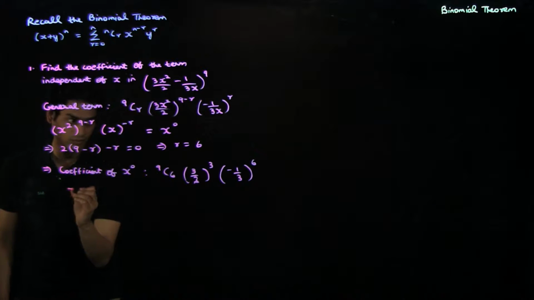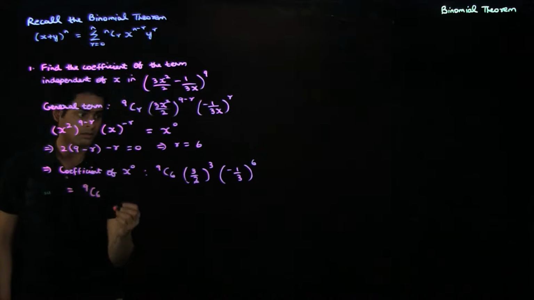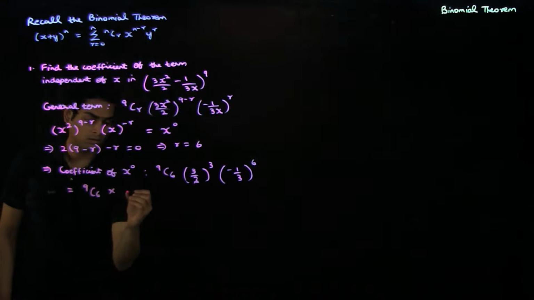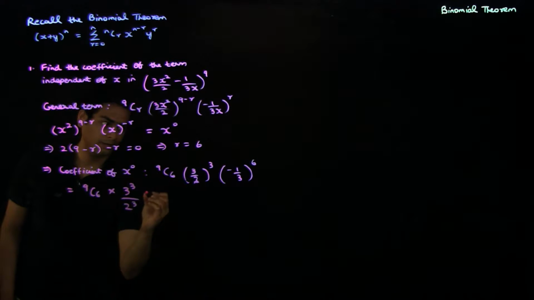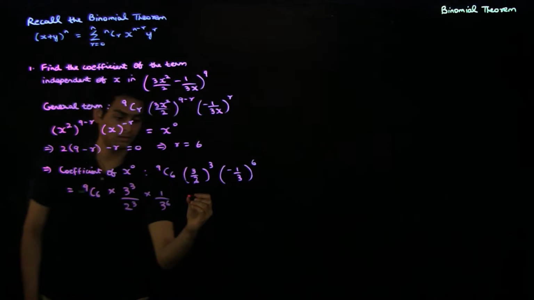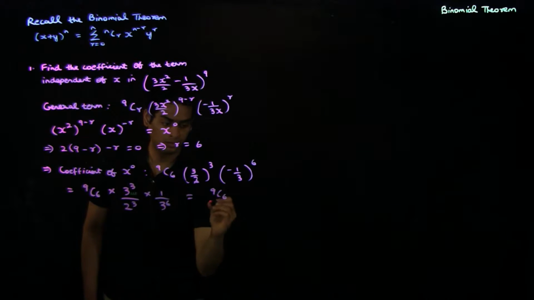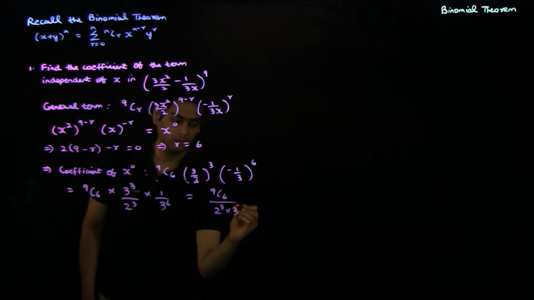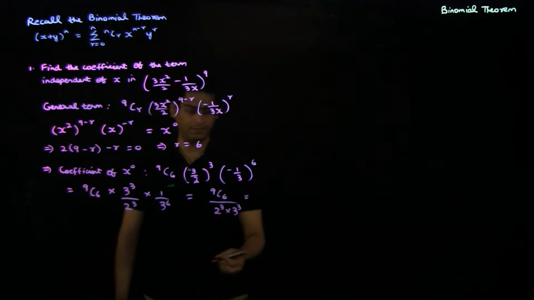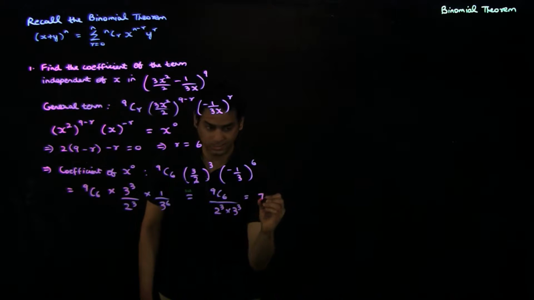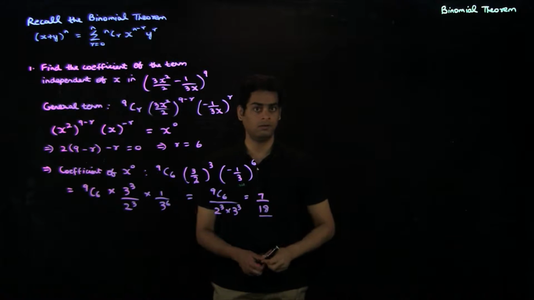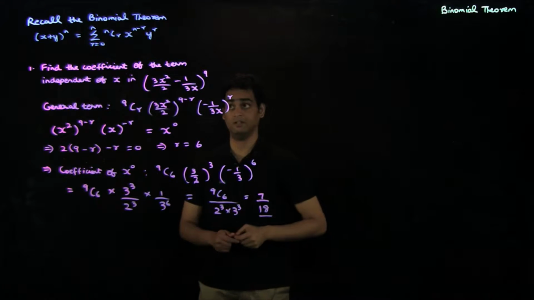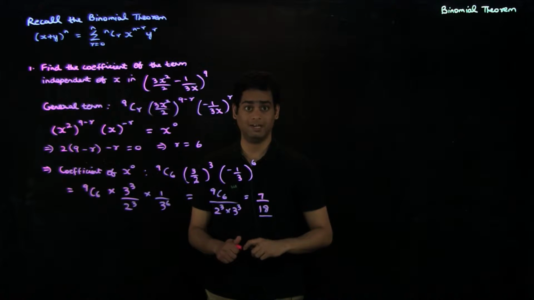And so this evaluates to 9c6 times 3 power 3 divided by 2 power 3 times 1 by 3 power 6, which is nothing but 9c6 divided by 2 cube times 3 cube, and you can evaluate this result, which comes out to be 7 over 18. So this is the coefficient of the term independent of x in the expansion of (3x squared by 2 minus 1 by 3x) whole power 9.